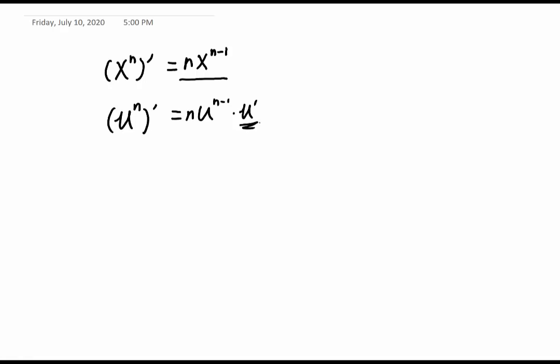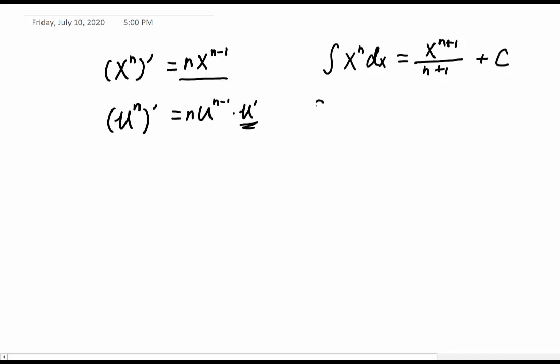Let's look at the integration on the top. If I integrate x to the nth power, when n is not negative 1, we get x to the n plus 1 over n plus 1, plus c.